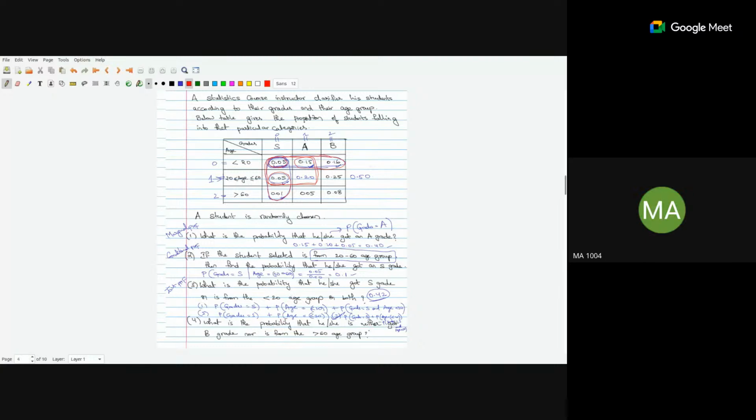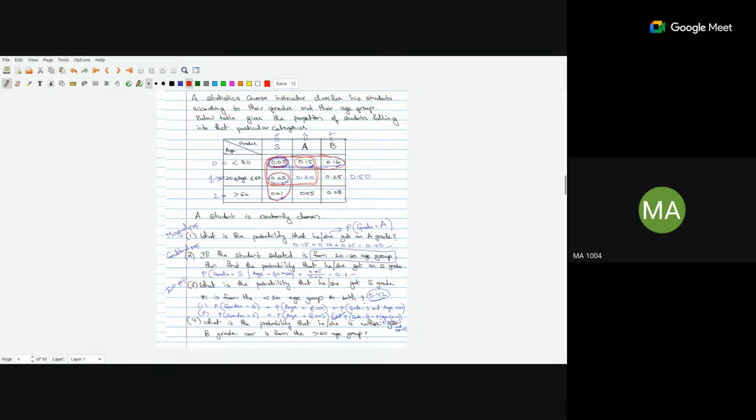Either you compute the probability that the selected student is from B grade or from the age group greater than 60, and subtract this probability from 1, because they shouldn't come from here. So 1 minus, either the student got B grade, or is from the age group greater than 60. You can do 1 minus of that, or you can identify simply.